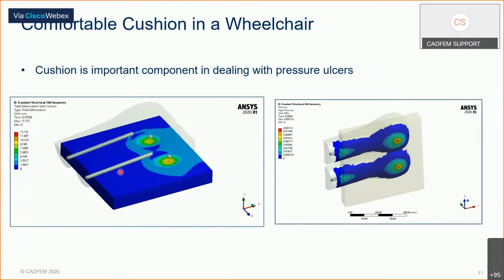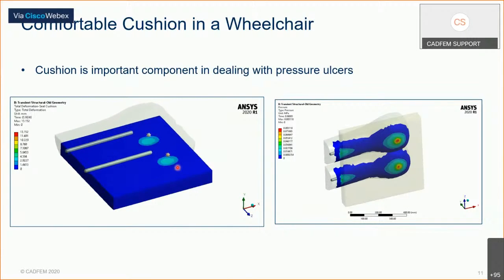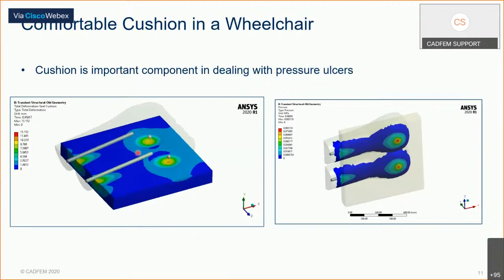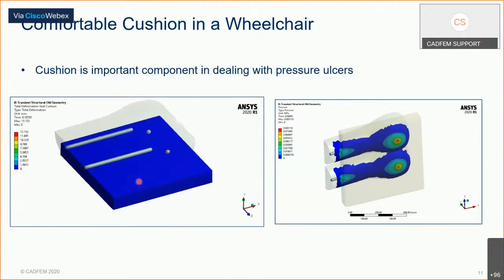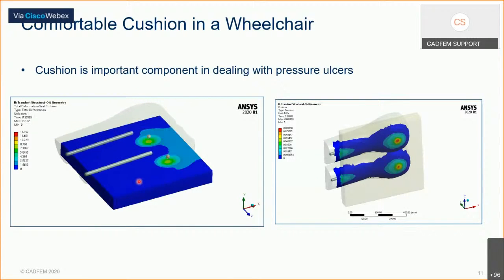So different kinds of material modeling are available, and you can see where the maximum pressure comes, how much the foam is getting deformed, making it comfortable. Will the foam get reshaped, or how much stress is it creating? You can also see.